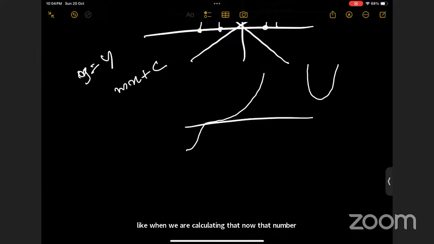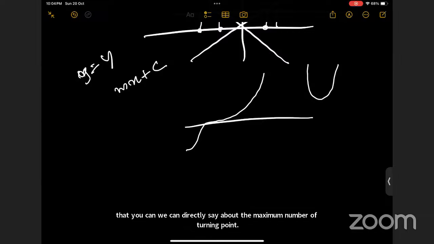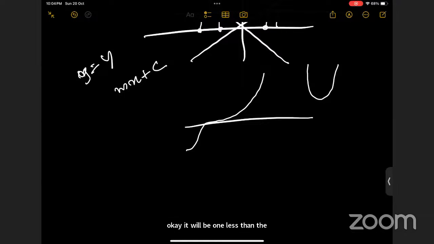If you have the highest degree of a polynomial, from that we can directly say the maximum number of turning points. It will be one less than the degree of the polynomial. So the number of turning points is n minus 1, where n is the degree of the polynomial.